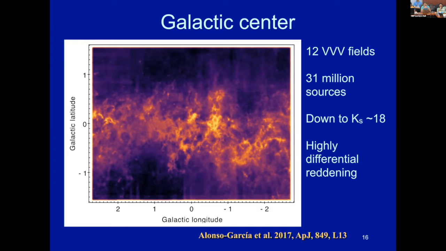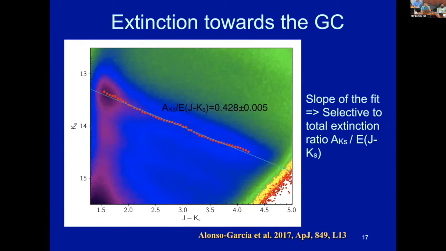This is a region of high reddening, high differential reddening. What we did was get the color magnitude diagram there. We tried to detect the position of the red clump in the CMD at different colors.